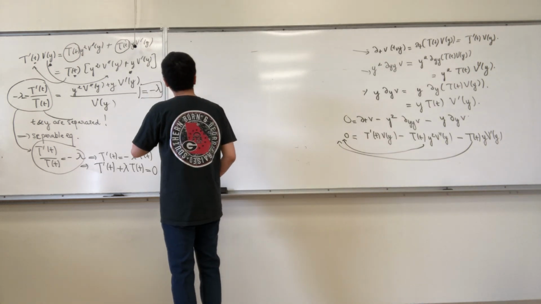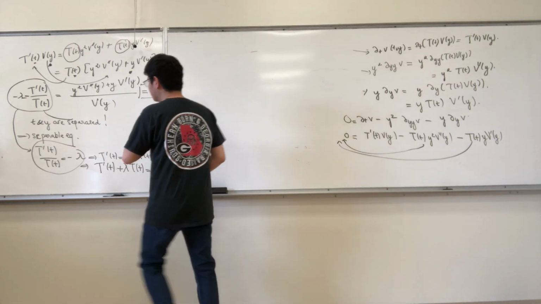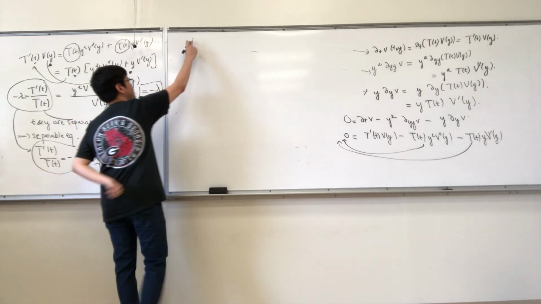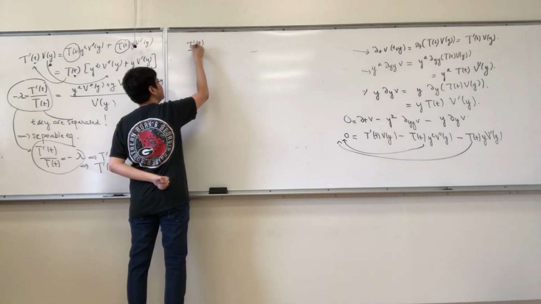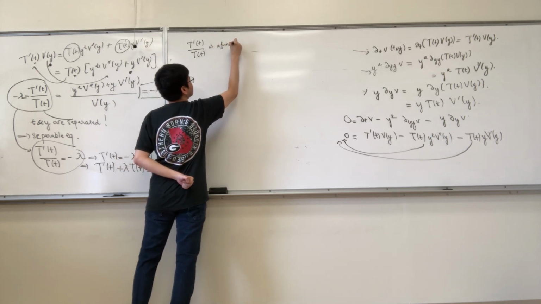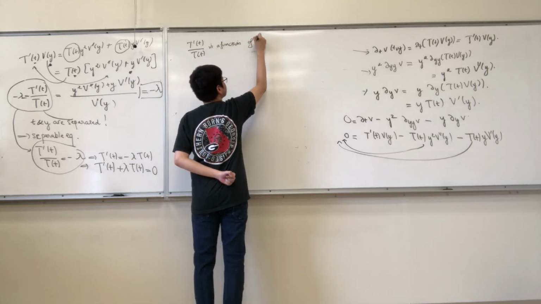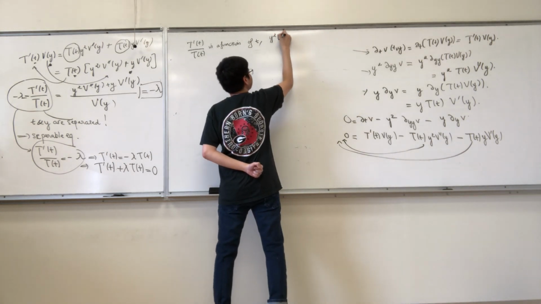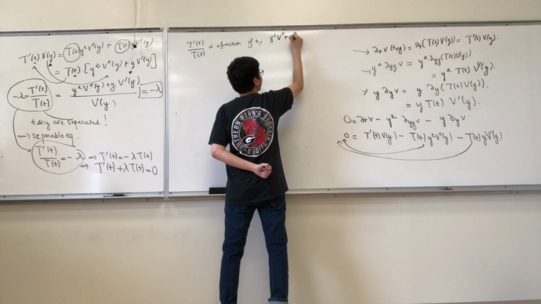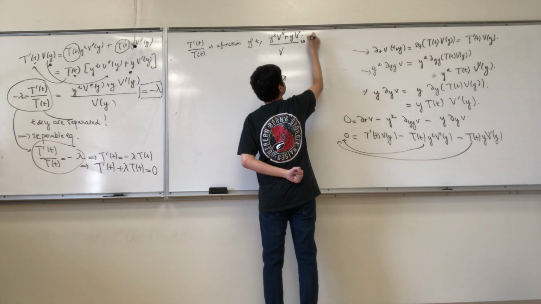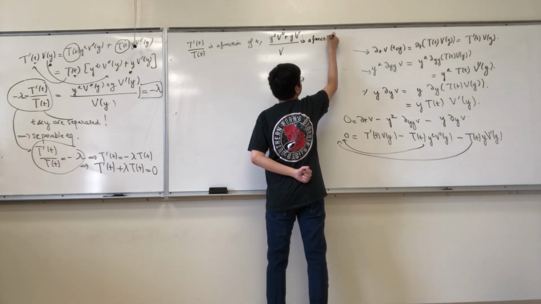Right? So I explain again. I don't have space to write this. So T prime over T is a function of T. Y squared V second plus y V prime over V is a function of y.